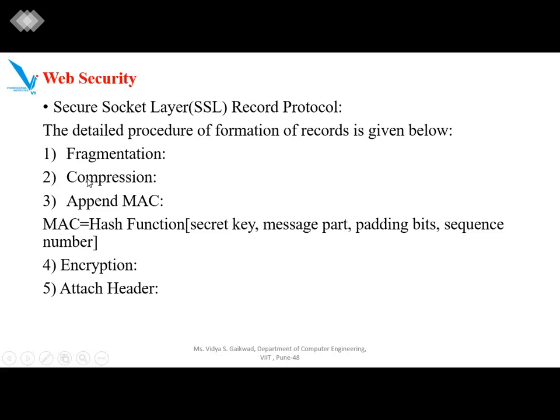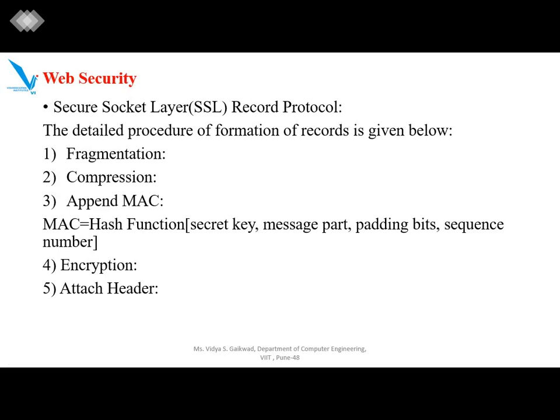The next procedure is compression. First you fragment the large message, after that compress the message part, append MAC. So MAC equals hash function. This hash function will have secret key, message part, padding bits and sequence number, right?